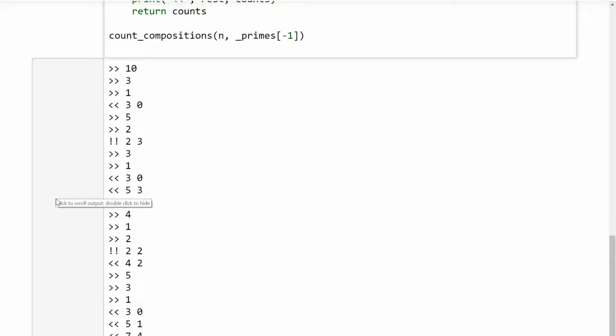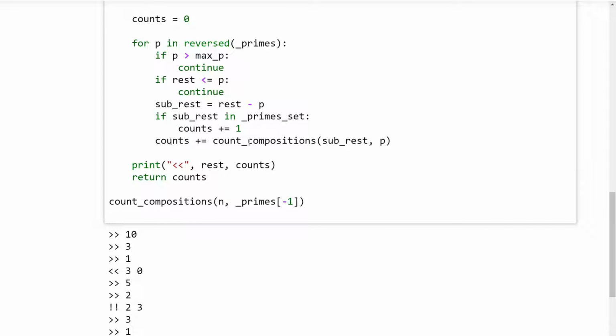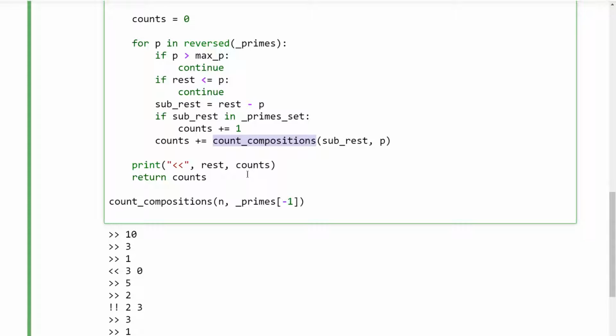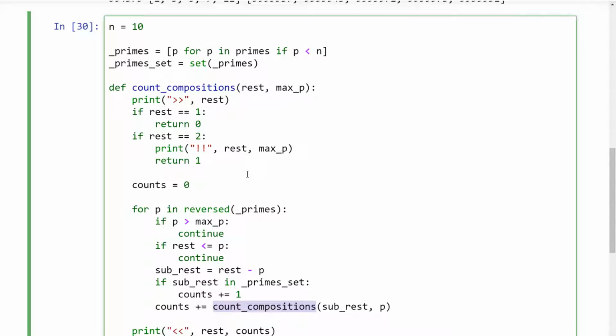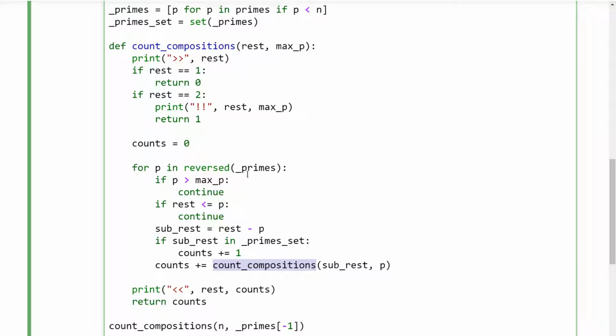So we add plus 1 and decompose it. If it's not prime, we should also decompose it. We should also call count compositions, even if the rest is not prime. In any case we do that. Oh, but yeah, we are passing p as max.